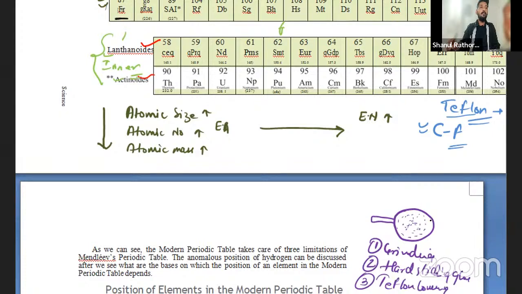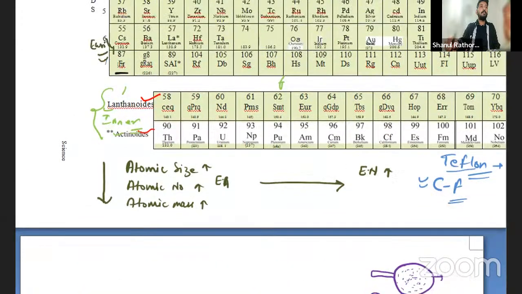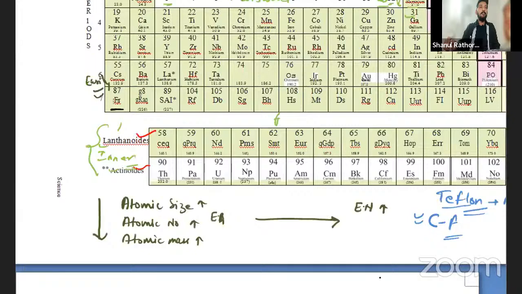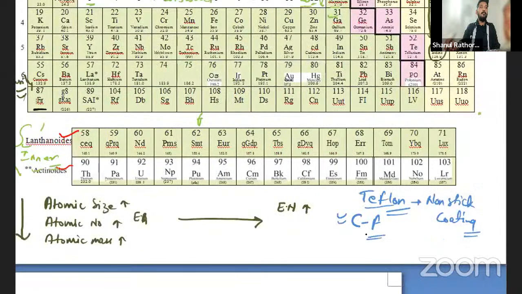So the Teflon will get attached to that specific utensil, and the covering will protect it so that no other element can stick on or stick in, right? So Teflon is an accidental compound made up of carbon and fluorine.